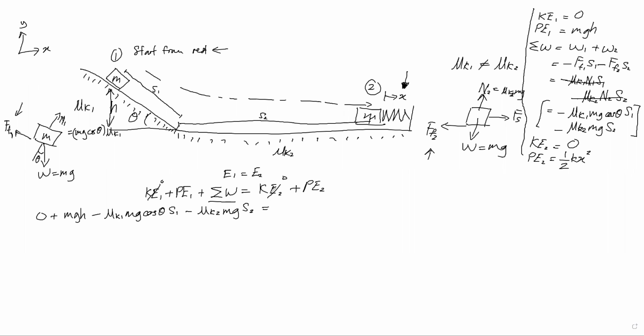And that is equal to KE2, which is 0, plus this part, half kx squared.